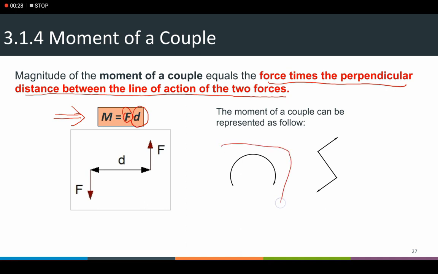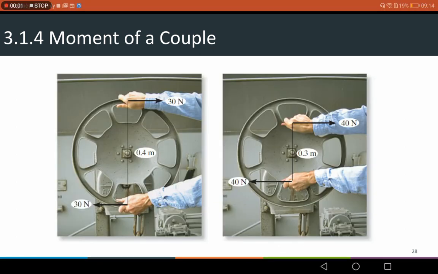Look here, there are two symbols. The first symbol like this, where we assume counterclockwise is always positive. The second symbol like this. These are some examples.